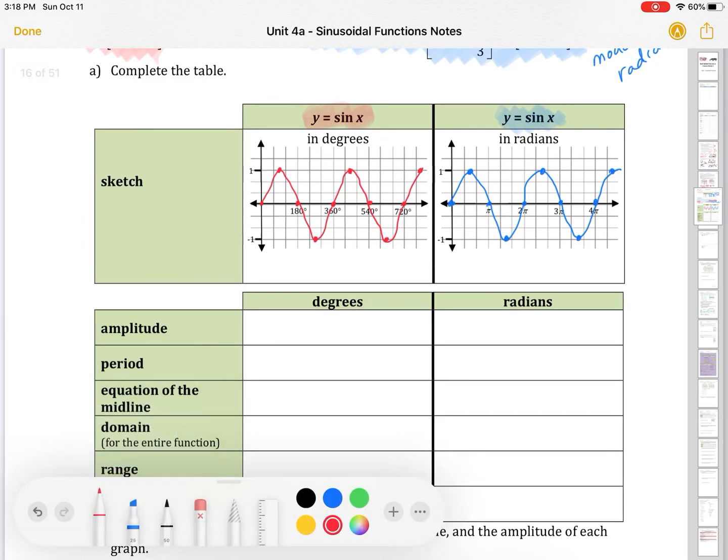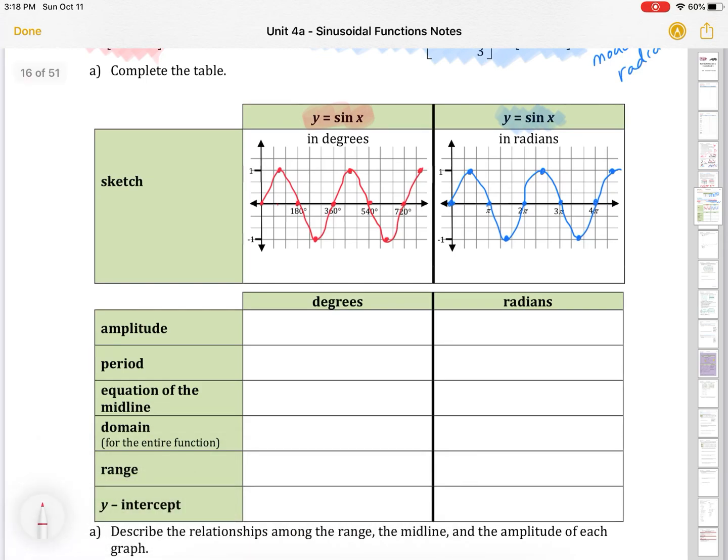Looking at this as our baseline for our amplitude, for degrees, our amplitude goes from the midline to the top, right? So it's 1. Our period goes from crest to crest. So it's 360 degrees. The equation of the midline is y equals 0, right?